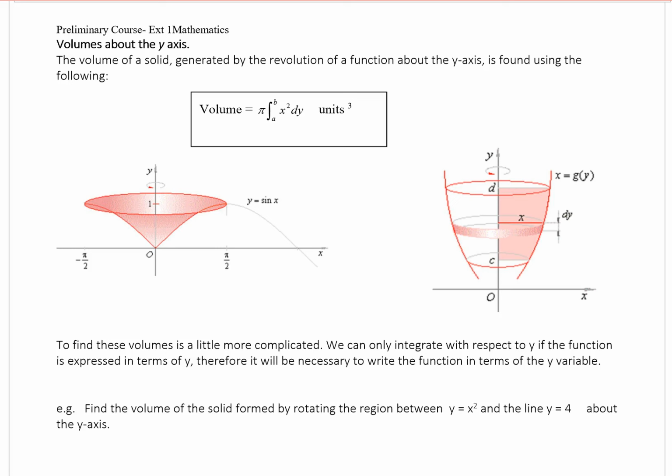Now what we're going to go on to is volume around the y-axis. So we have our function, and it's usually given in its standard form as y as a function of x. The reason it's given like that is because we're more familiar with drawing it that way. We can sketch our graph when it's in the form y equals something about x.